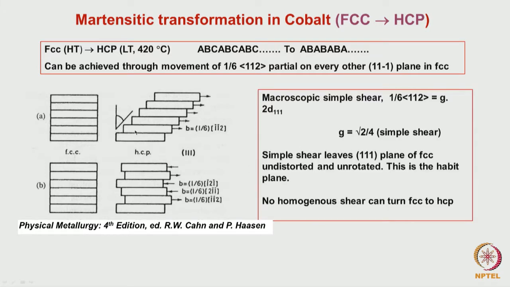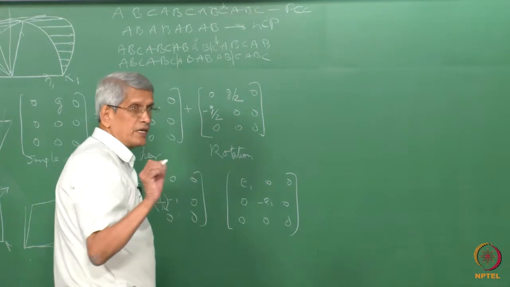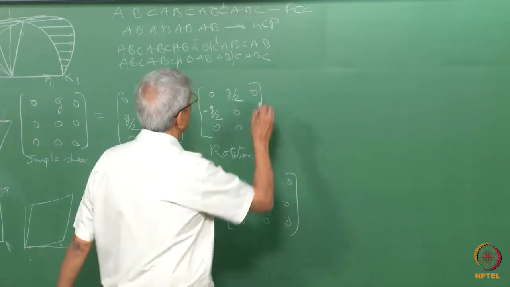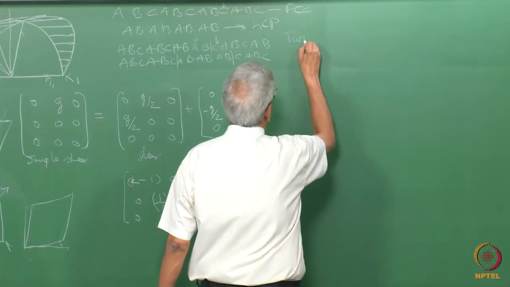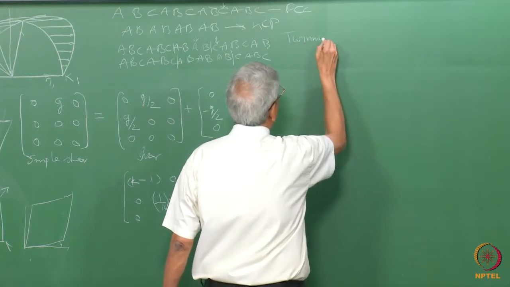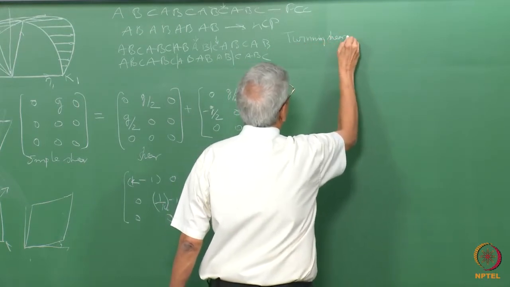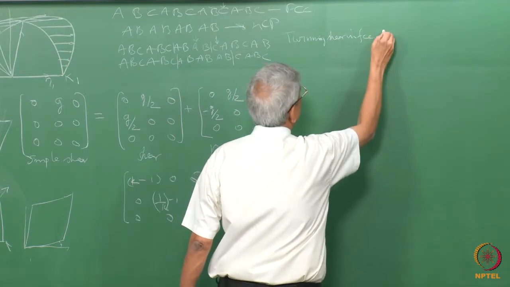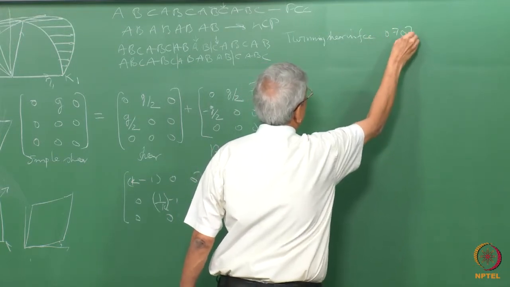What will be the shear associated with this sort of transformation, because it is not in one layer, it is over two layers? So the shear will turn out to be √2/4. It is a simple shear, but in the case of twinning, where it occurs in every layer, we found that the twinning shear in FCC is 0.707.